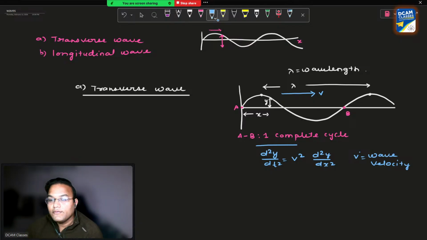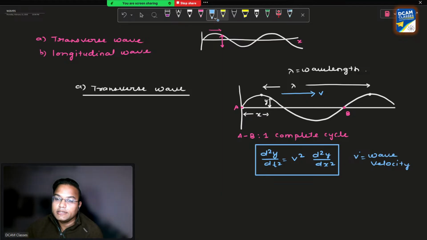But why have I given this type of equation to you? Because in JEE Main examination, not in CBSE, they will give you a random equation, and then they will ask which of the options represents the transverse wave equation.